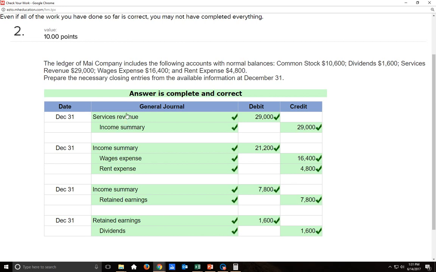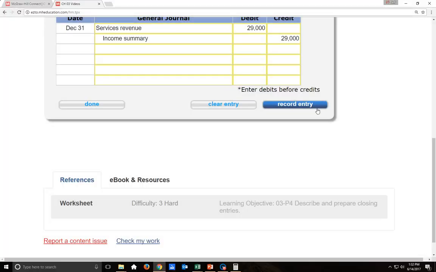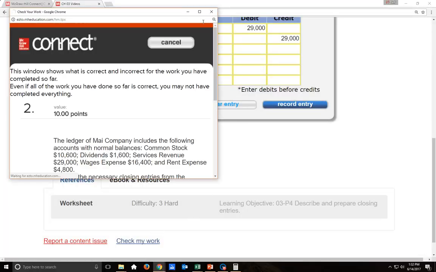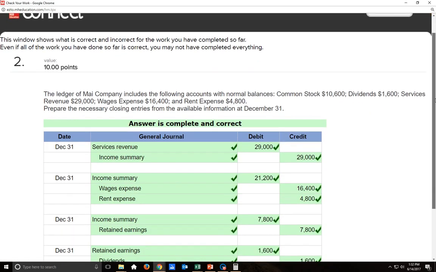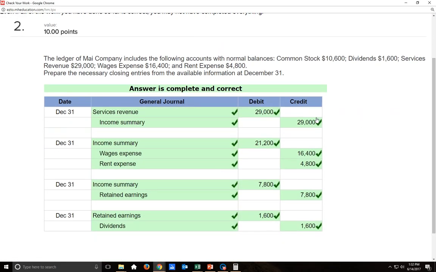So just recap with me, what type of balance do revenues have on their own T account? Well, they carry a normal credit balance, so to get that credit balance to go away, we must debit it for that same dollar amount as the total to zero the account out. So here we know that there were revenues of $29,000, and since that is a credit balance, in the closing process, we debit revenue, and then plug income summary.